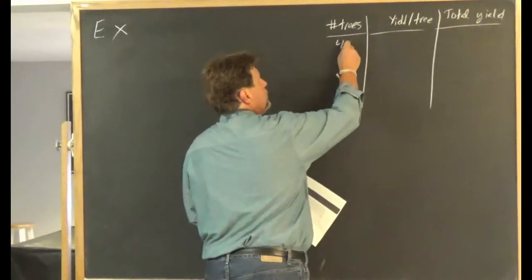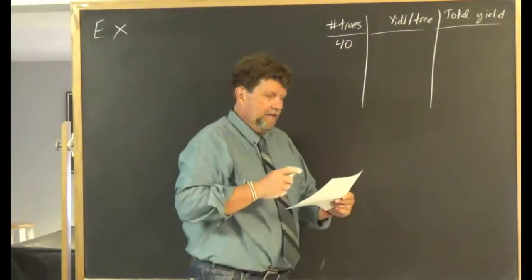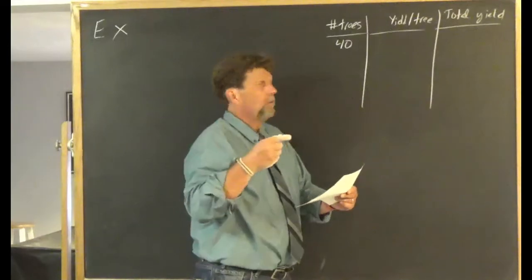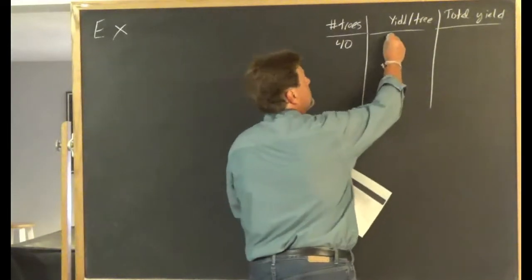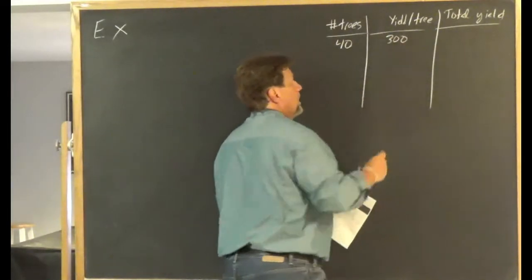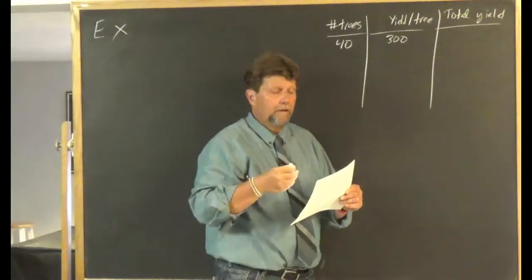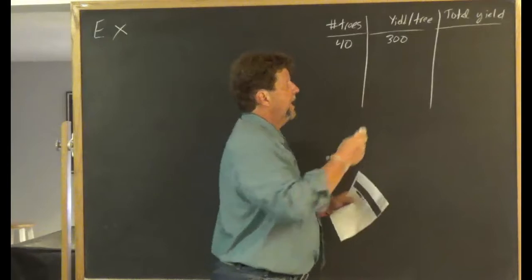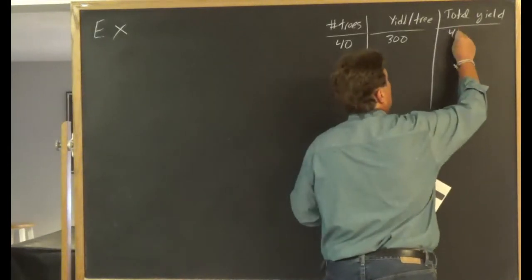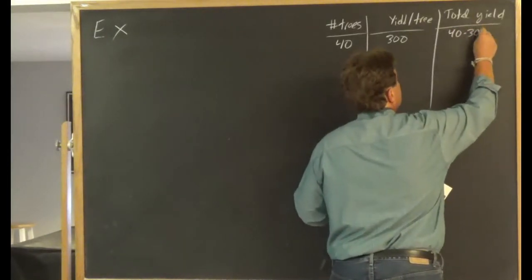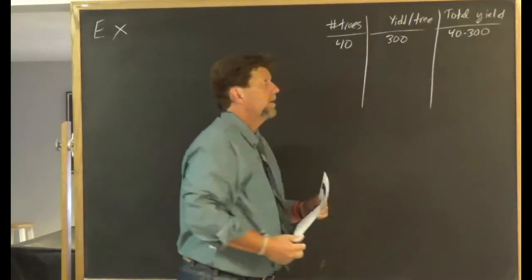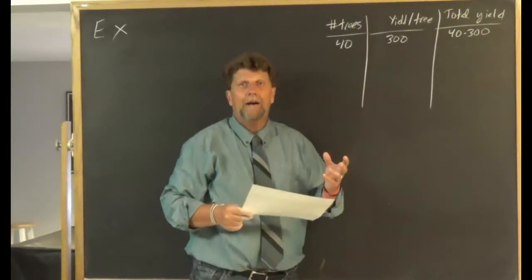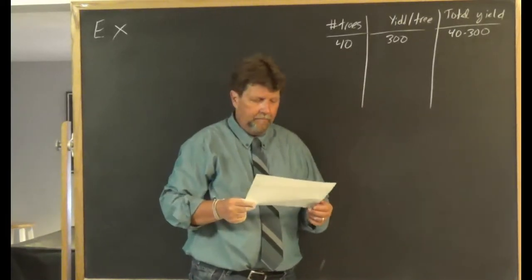If you have 40 trees, the yield per tree is 300 apples per tree. So the total yield would be, I'd multiply those together. Let me just write that down. It would be 40 times 300. So that's like 12,000. That's a lot of apples.